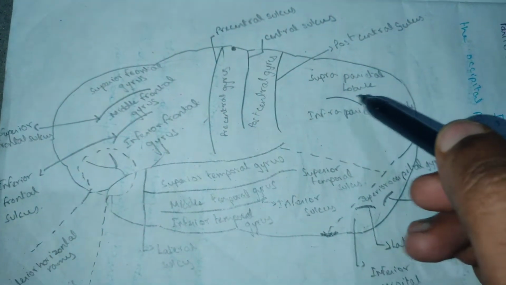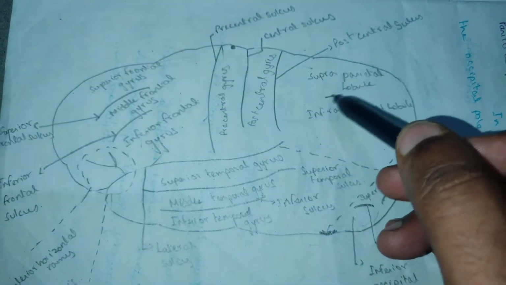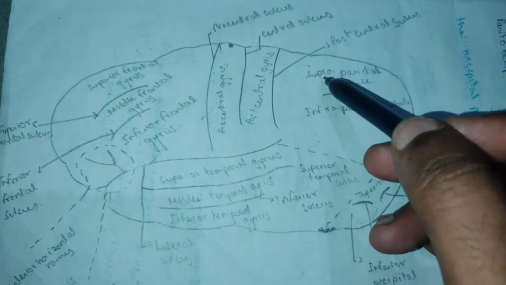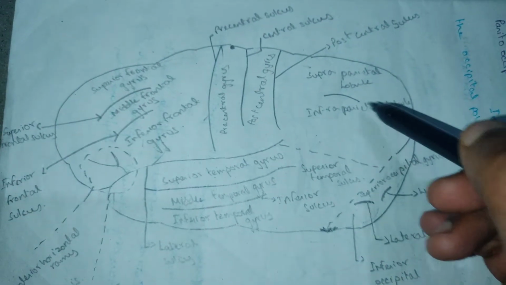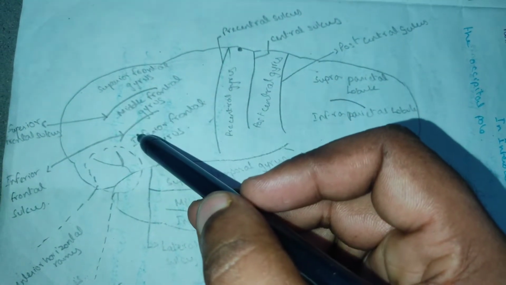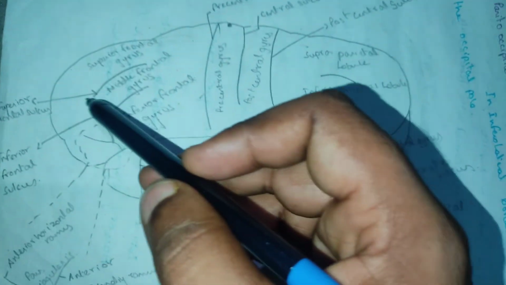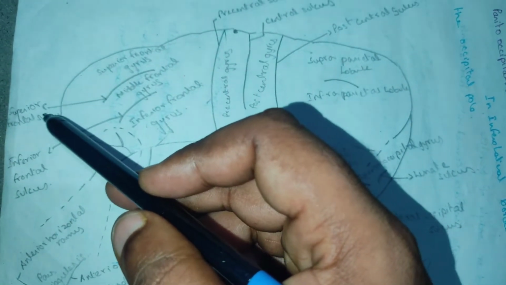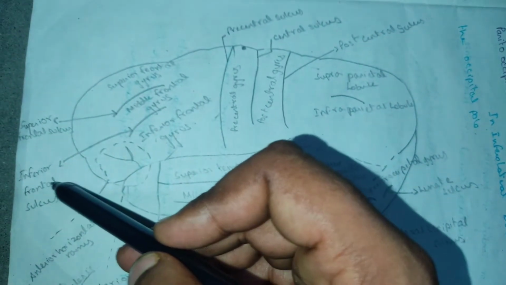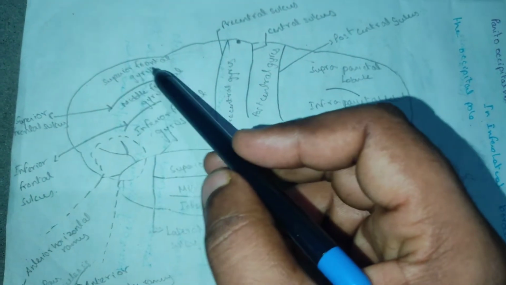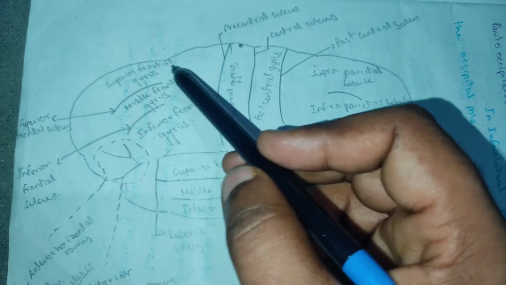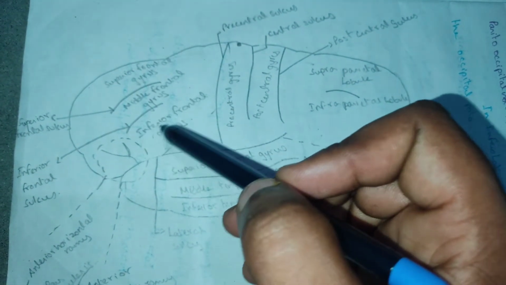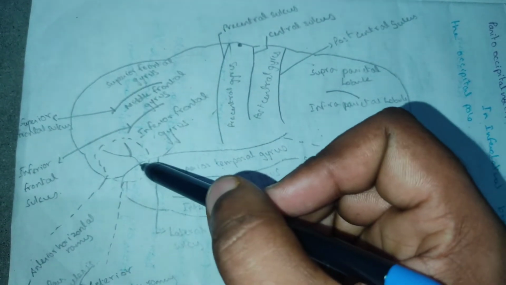In the parietal lobe there is a sulcus which forms the superior parietal lobule as well as the inferior parietal lobule, and in the frontal lobe there are two sulci, the superior frontal sulcus and the inferior frontal sulcus, which form the superior frontal gyrus, middle frontal gyrus and inferior frontal gyrus.